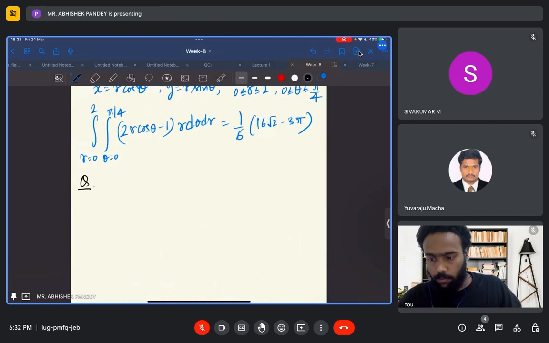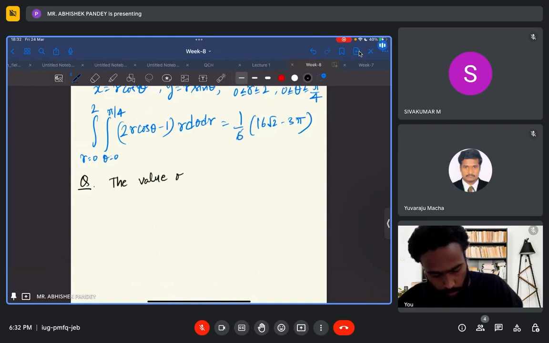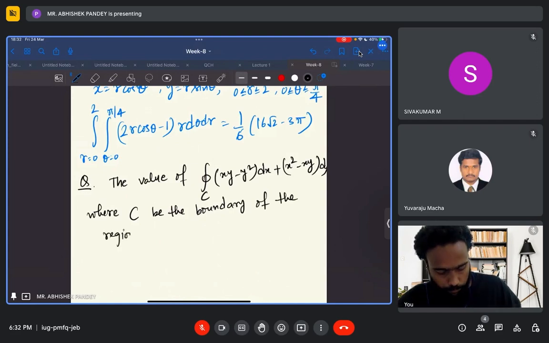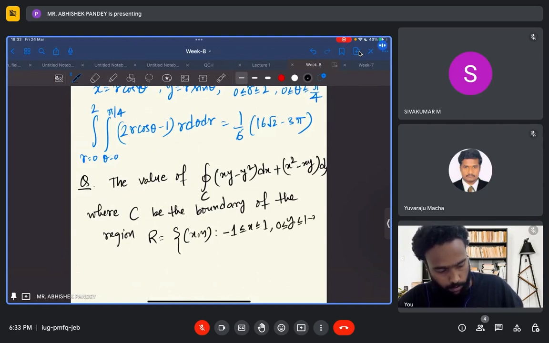So the next question is: the value of the integral over C of (xy minus y square) dx plus (x square minus xy) dy, where C is the boundary of the region R equals {(x, y) such that -1 ≤ x ≤ 1 and y is in between 0 and 1 minus x square}.